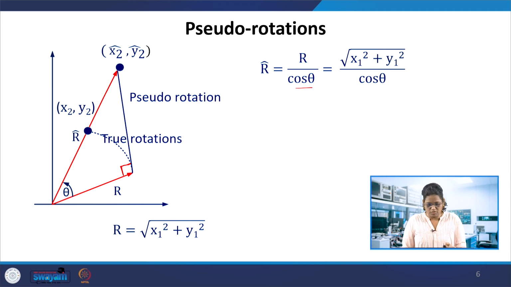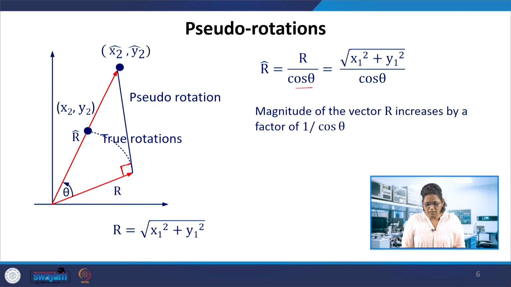After pseudo rotation we get r cap, or x2 cap and y2 cap. The magnitude r increases by a factor of 1 by cos theta, so obviously this magnitude is more than this.